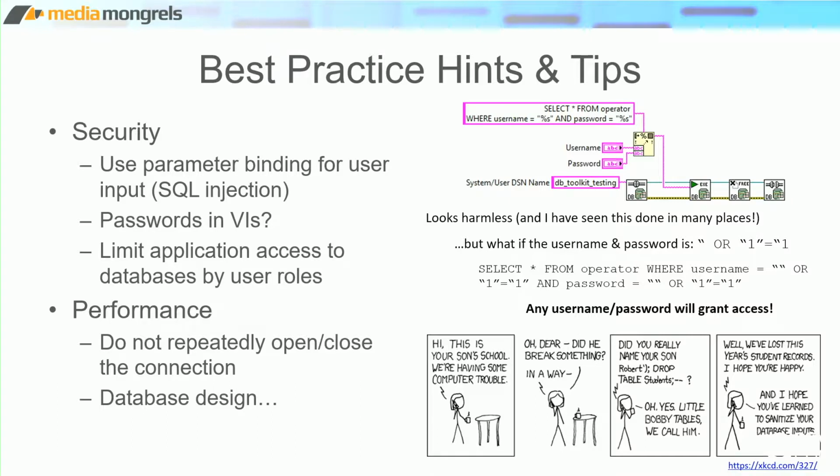Obviously not good, so someone with malicious intent could do that. The way you get around that is by always using parameter binding. Don't do this thing here where you're formatting strings from user input. It's a bit more long-winded, but use the parameter binding when you do that.